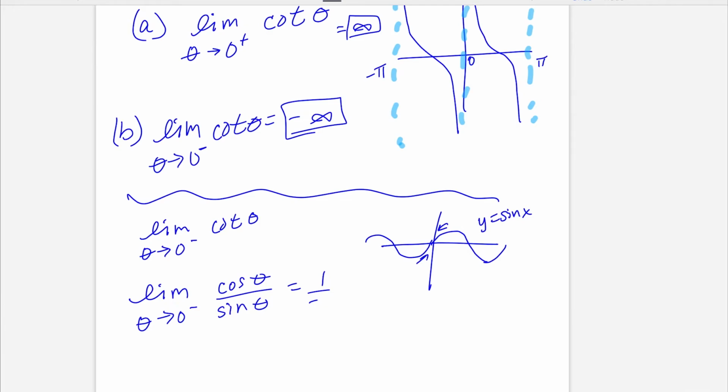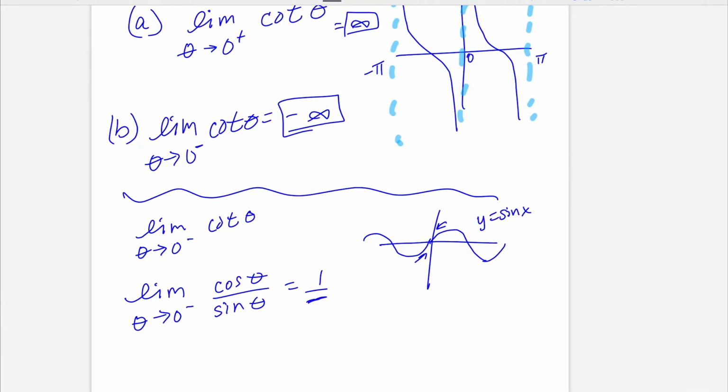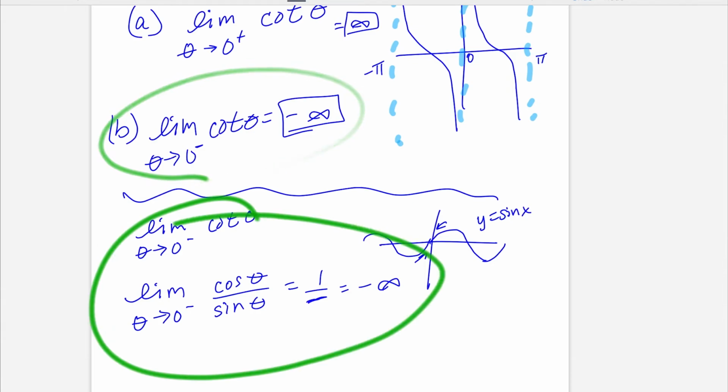I thought I had a positive there and I was looking at it saying, what is going on? No, I'm approaching from the left. I'm coming from the negative. So I've got a number over negative, and that is negative infinity.